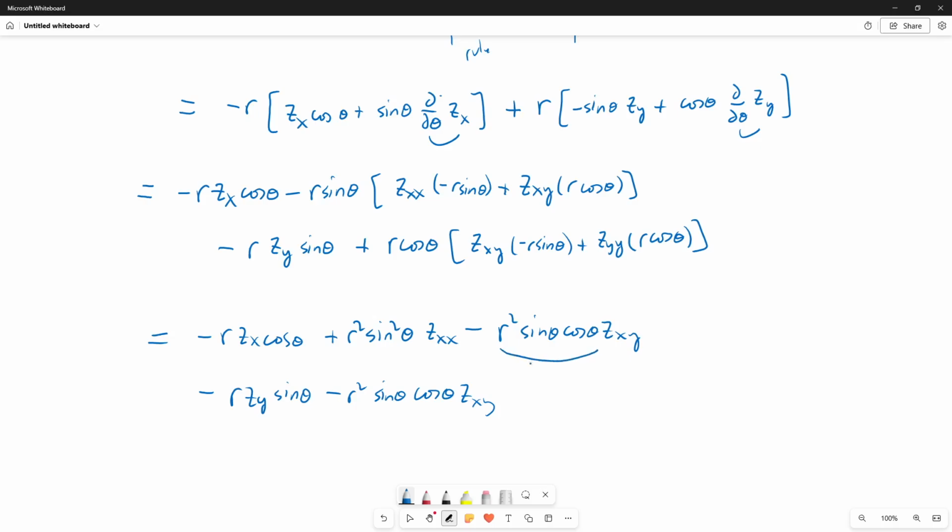So that's exactly this term again. So there's two of these. And then we have plus r squared cosine squared theta z sub yy.